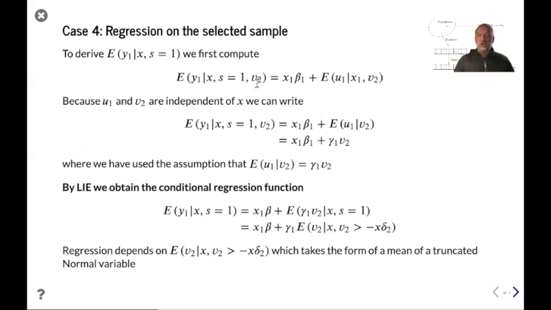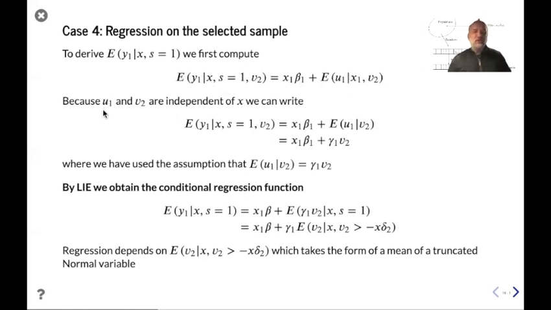So now we condition on not only X and selection, but also V2. Since we have already conditioned on X1, we can put X1 beta outside, and then we are left with this additional conditional expectation of U1 given X1 and V2.